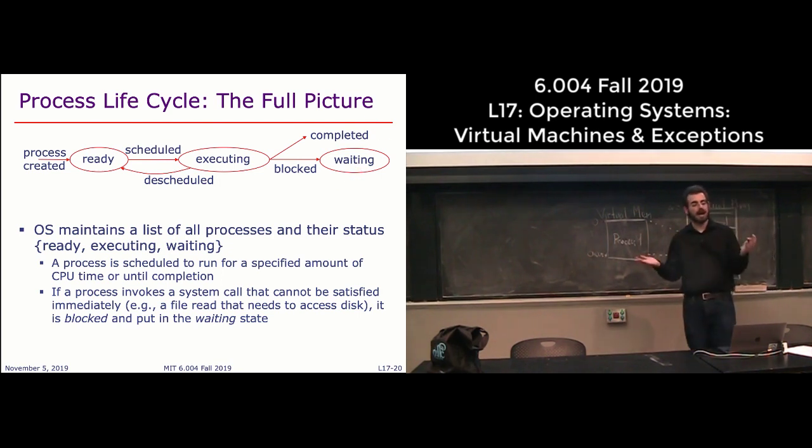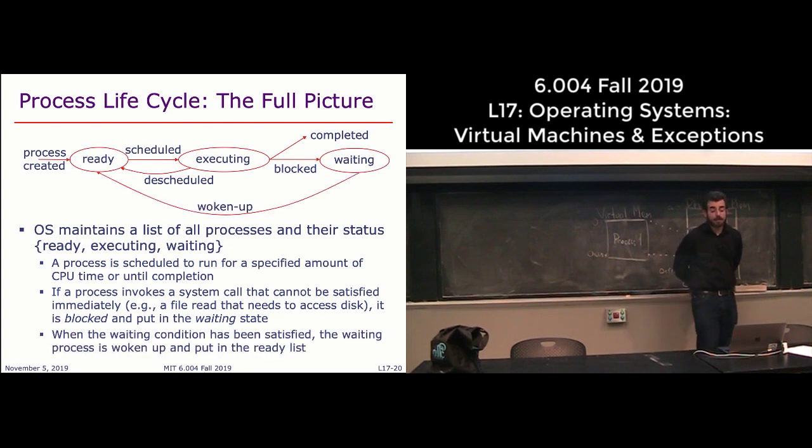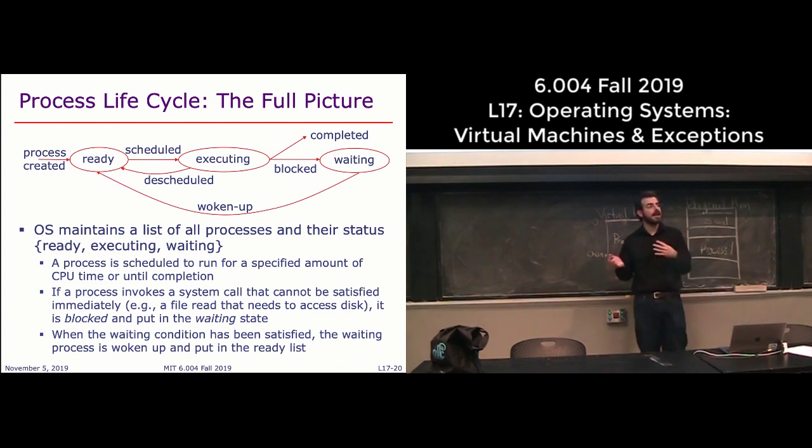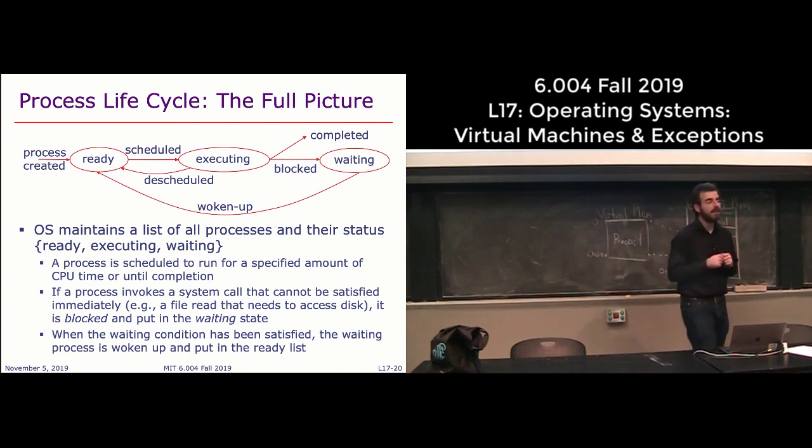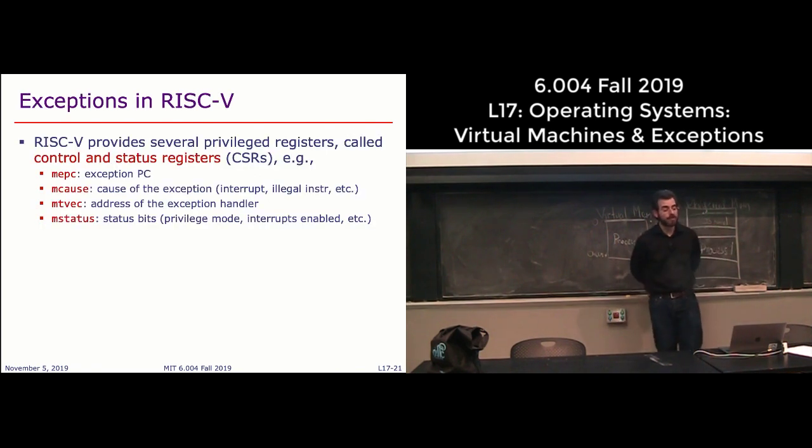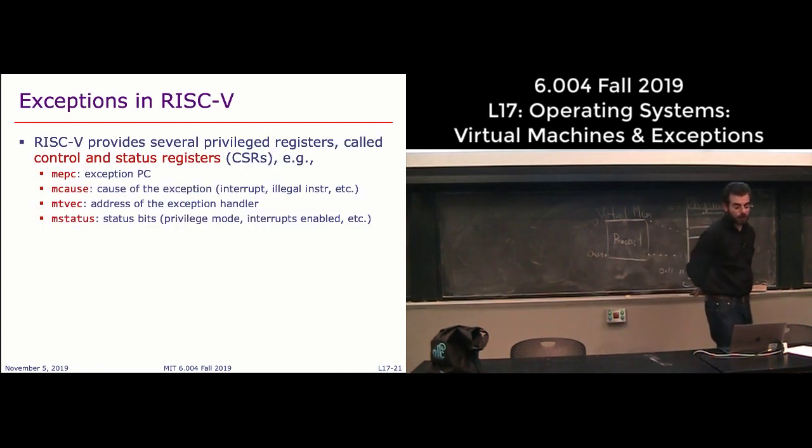For example, the time for which it wanted to sleep has elapsed, and then it will be woken up and go back to ready. And so the operating system is maintaining the state of all these different processes, right? And it's only scheduling ready processes, and it just has a pile of waiting processes that are waiting for something else to happen.